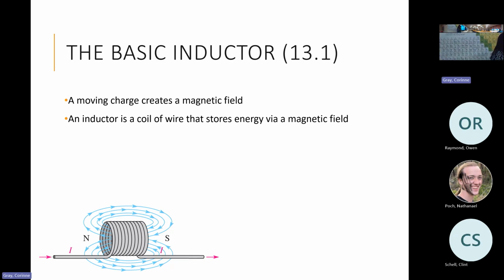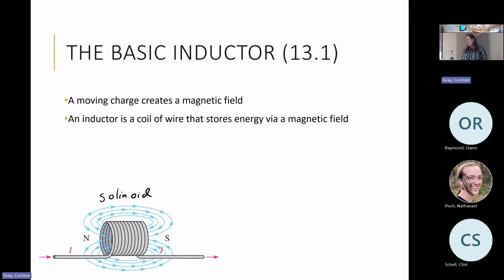Down here we have an inductor, which we'll formally define in a second. These lines that are looping around are the magnetic field lines for our inductor. This particular type of inductor is referred to as a solenoid.